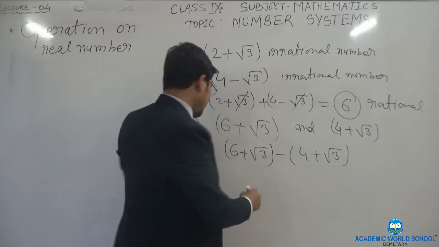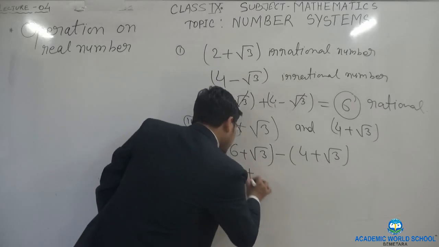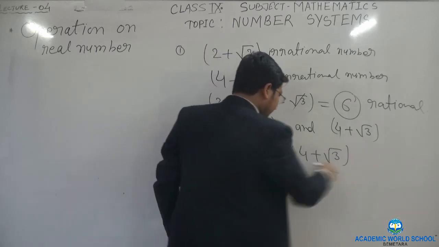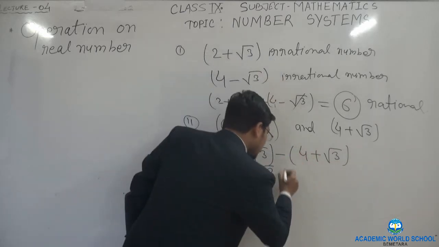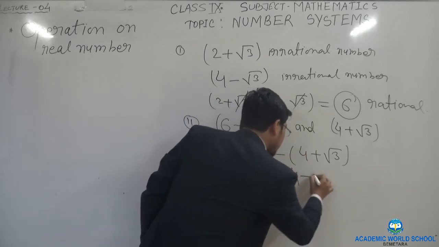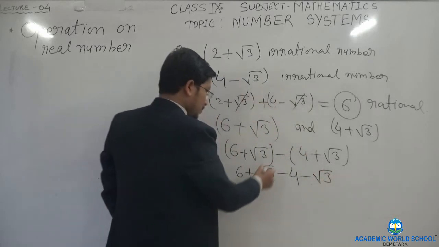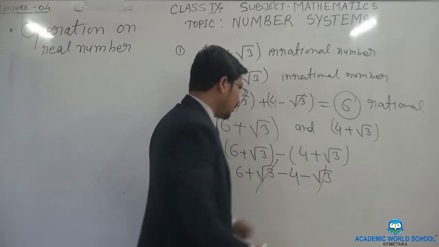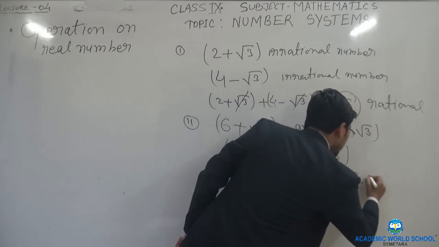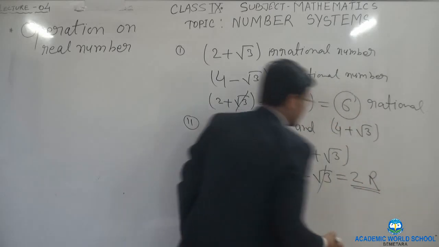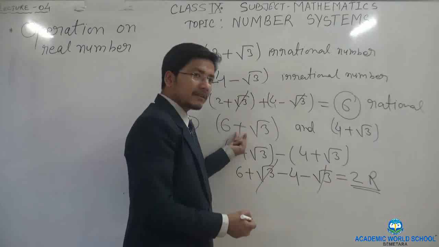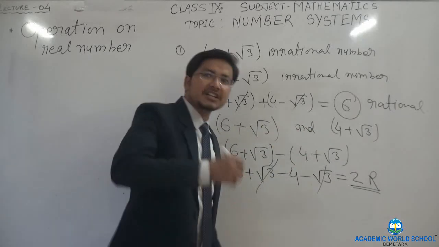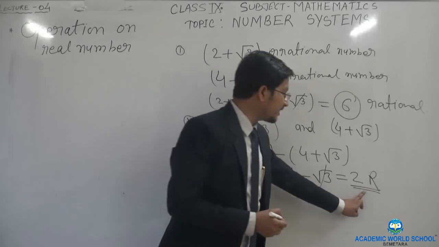We open the bracket, so the sign will change, so this will be minus 4 minus root 3. Now plus root 3 minus root 3 will be cancelled out. Now 6 minus 4 is equal to 2, which is rational. So we have done the subtraction of two irrational numbers, and the result we are getting is rational.